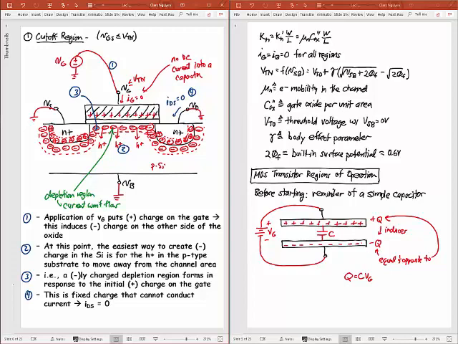Right? It's the simplest region, no currents flowing, but you can see there's a lot of stuff going on in terms of depletion regions and charge moving in different things. But the basic thing is this positive charge up here, the plus Q, has to be equal to the minus Q that's in the depletion region. Okay, so if I wanted to show this as plus Q, you do that in brown here.